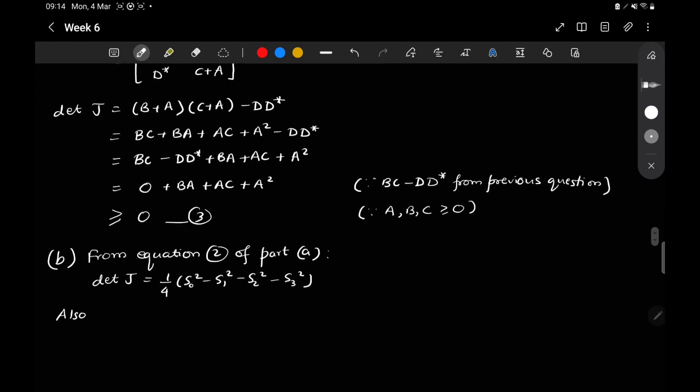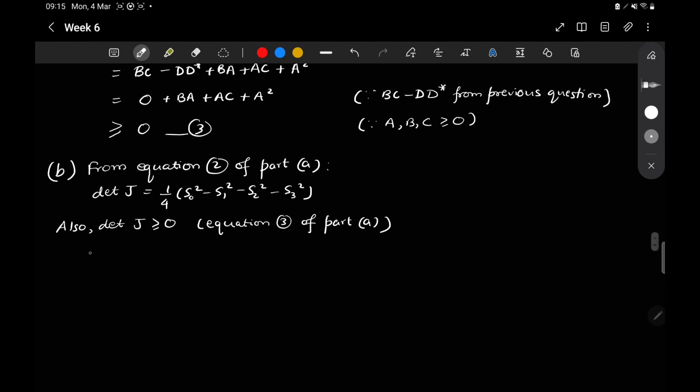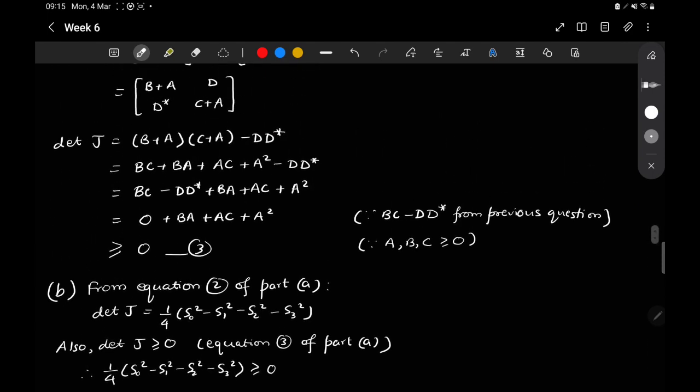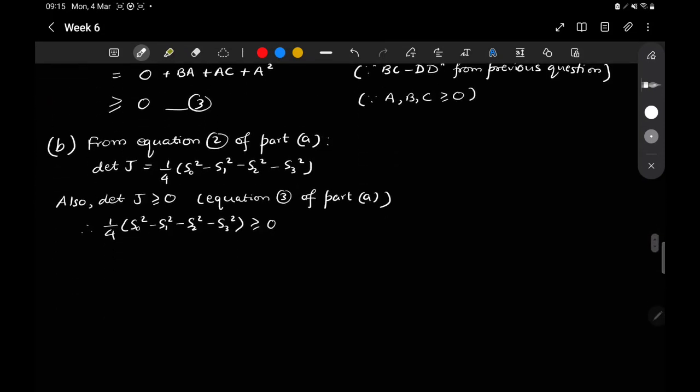Let me call this equation 3. So that means this is greater than or equal to 0 because this was the determinant of J from equation 2 of part A. So this implies we can rearrange.